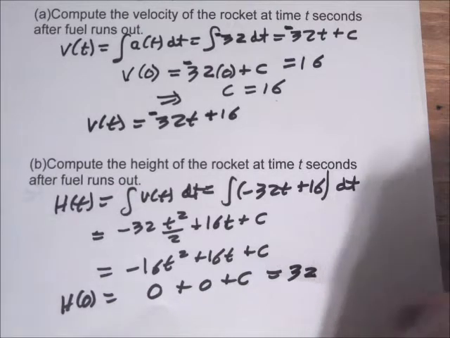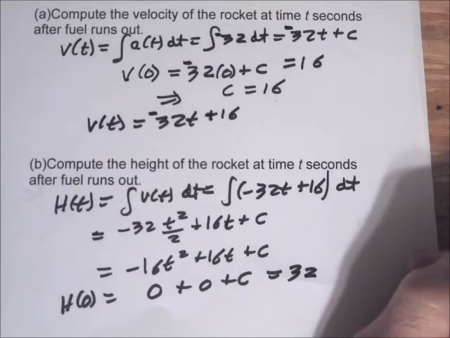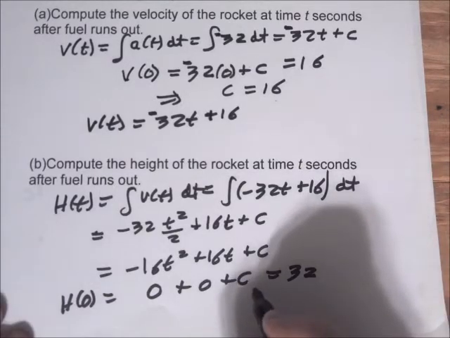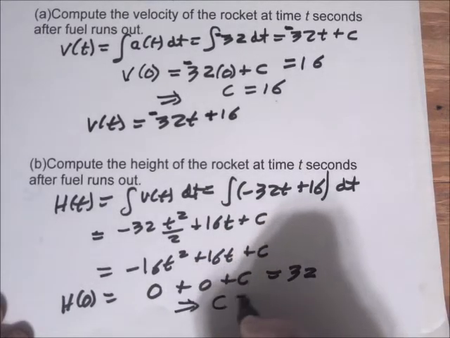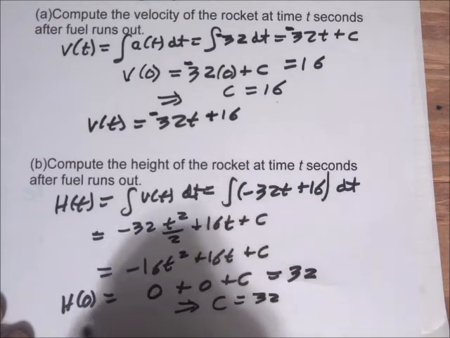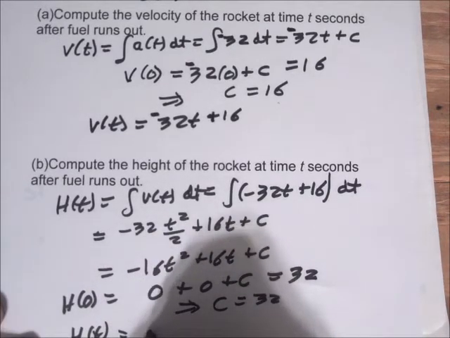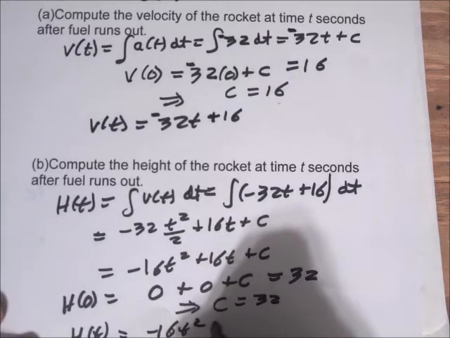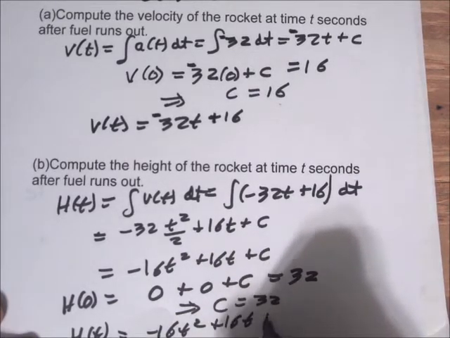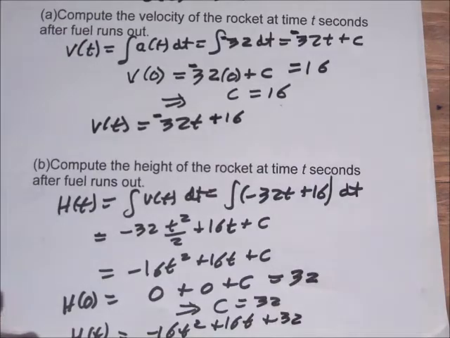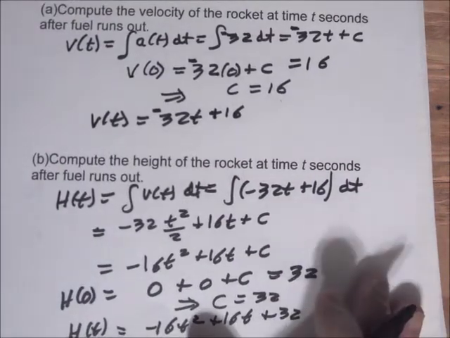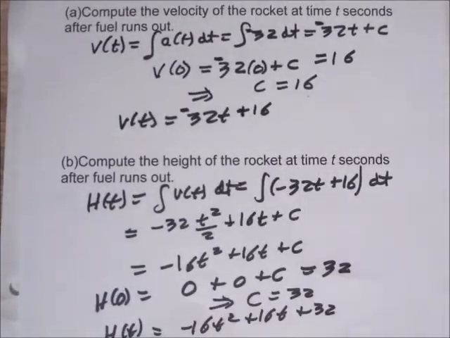So the initial height was 32, which means the constant is equal to 32, and that means h of t is minus 16t squared plus 16t plus 32. Okay, so that's the height of the rocket t seconds after the fuel runs out.